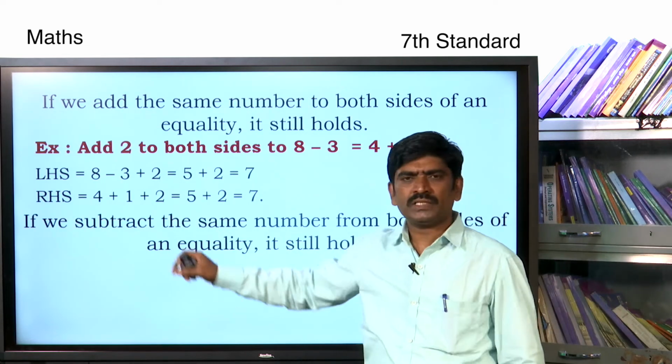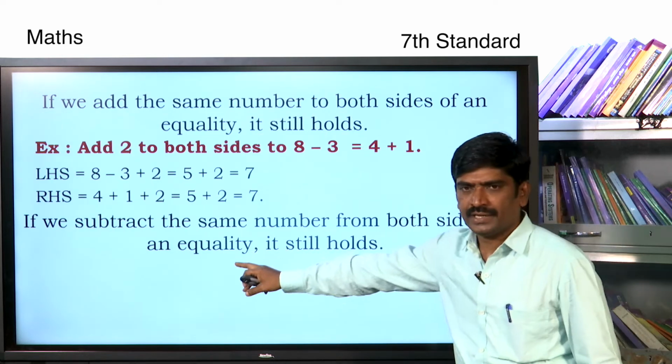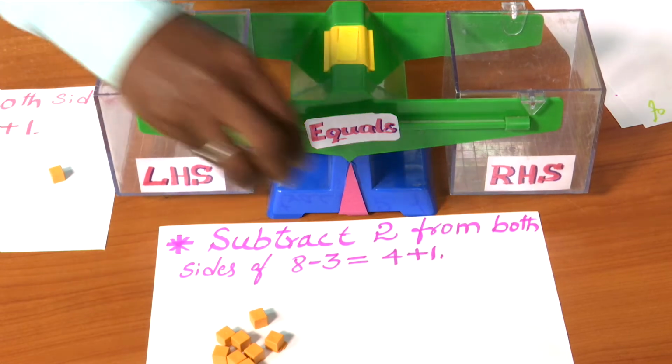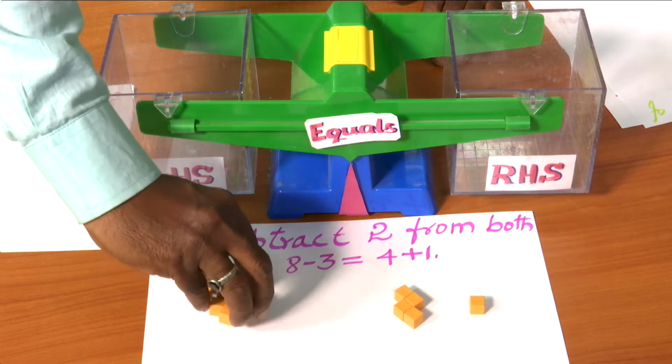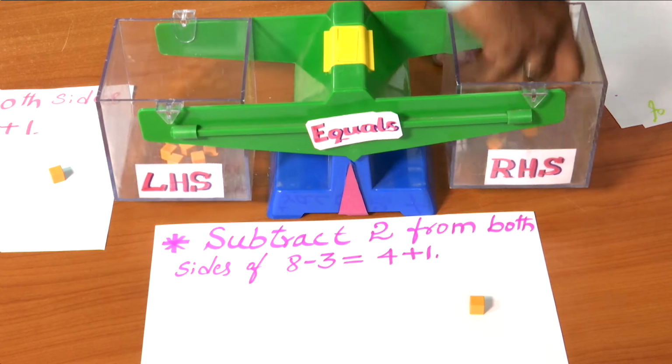Second one: if we subtract the same number from both sides of an equality, it still holds. Second one, 8, 4 and 1. Subtract 2 from both sides of 8 minus 3 is equal to 4 plus 1. Here put 8 on the left side and put 4 on the right side.